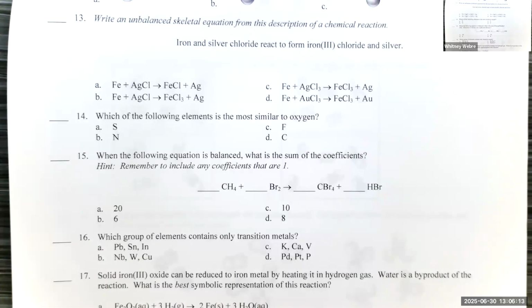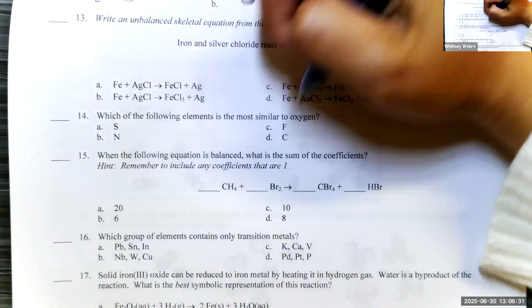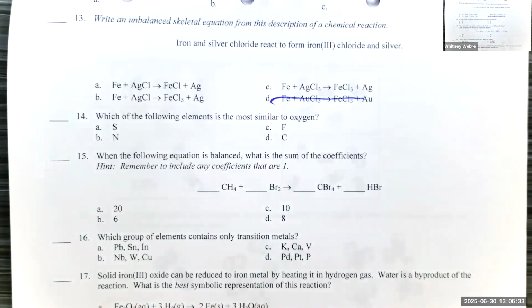First, if I give you an element by itself and it's not a Brinkelhoff, you can assume it's by itself. So iron plus silver chloride means iron plus something. What is the element for silver? Silver is Ag, gold is Au, so I can already eliminate D because it says gold.